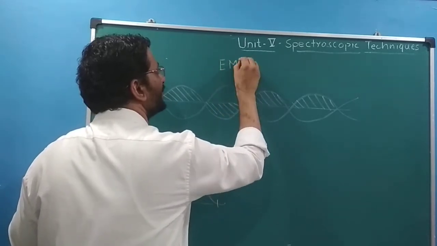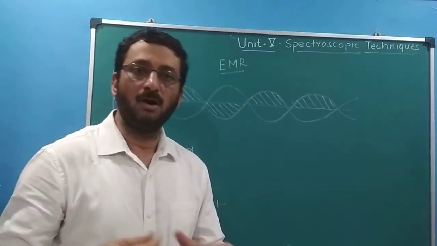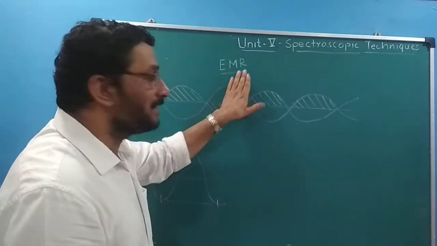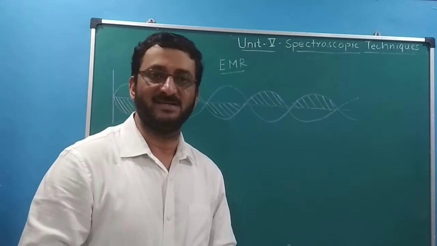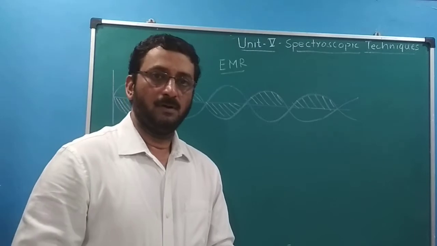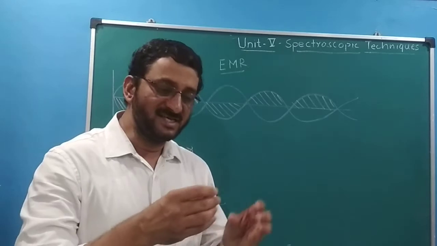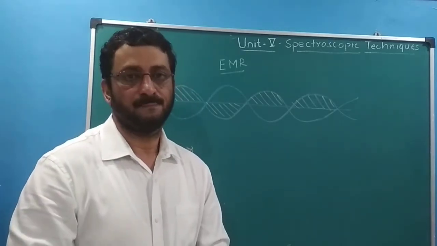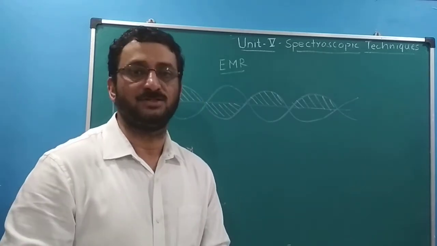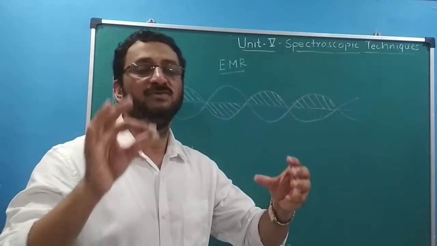The sample, whether solid, liquid or gaseous, interacts with these electromagnetic radiations, or simply radiations or light. Because of this interaction, some changes are observed in the sample substance, and we keep a record of the changes observed in the sample due to interaction with the different types of radiations.